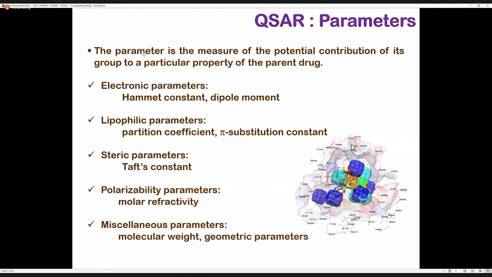Okay, so these are the most common parameters used in QSAR. You have electronic parameters, such as Hammett's constant. We'll get to Hammett's constant shortly, right? Lipophilic parameters, such as log P. Log P is basically how well the compound can break through the membrane of the cell into the fluid.